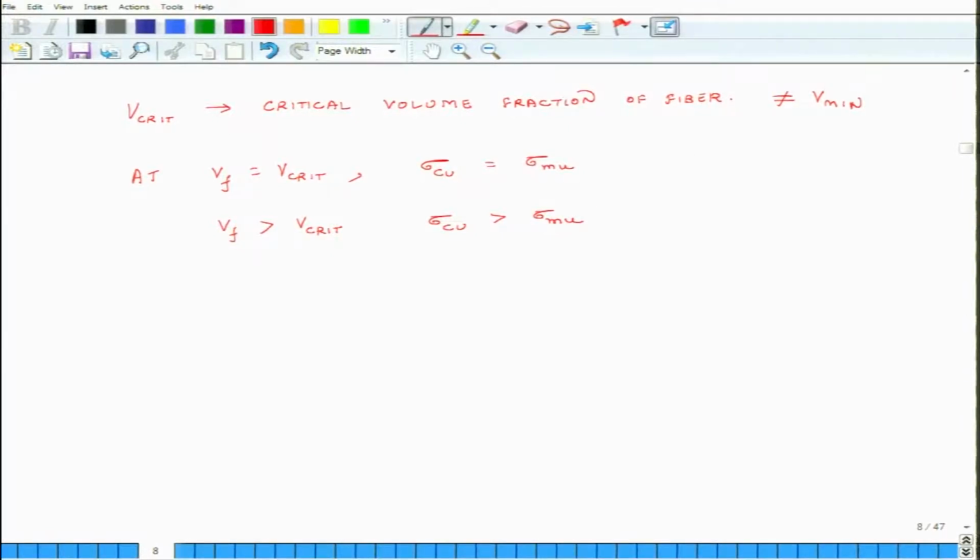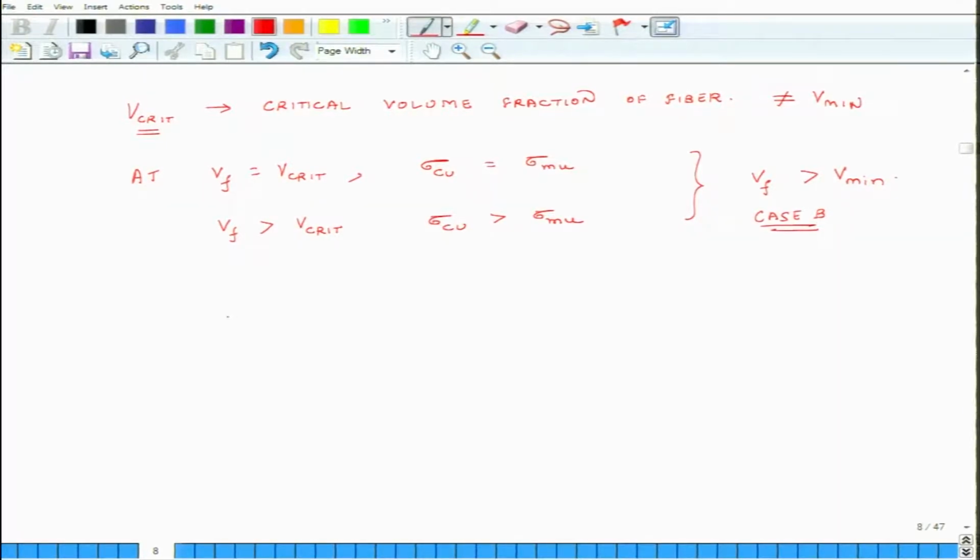But in both these cases, Vf is anyway more than V min, that is a given. So, we have to calculate the value of V crit, or critical volume fraction. Now, because in both these cases the volume fraction is more than the minimum volume fraction required, we use the relation as developed in case B, right.